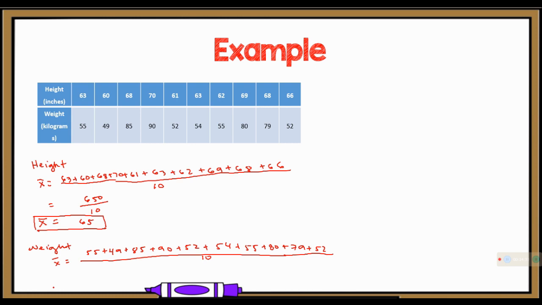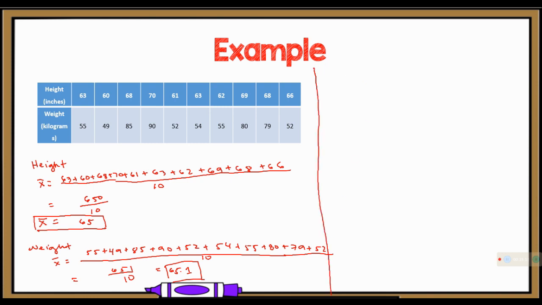Kakapagod itong ginagawa ko. 55 plus 49 plus 85 plus 90 plus 52 plus 54 plus 55 plus 80 plus 79 plus 52. Oh, lumamang lang ng isa. We have 651 divided by 10. So we have here 65.1. Okay? I hope that was clear.